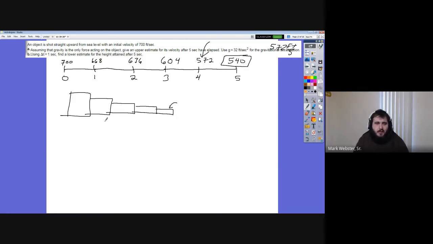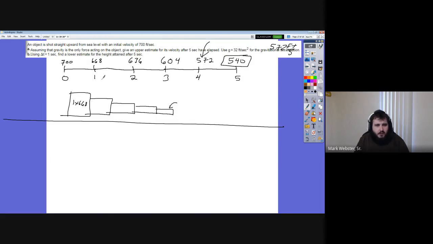All right. So part B, now we're going to figure out how high it got. Well, if it was going 700 feet per second for a second, we're using the lower estimate now, so we don't care that it started at 700. After 1 second, it's gone 668.